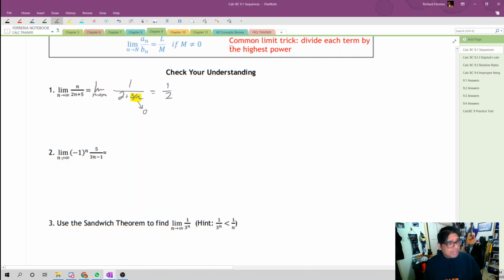Let's check this one. The limit, as n approaches infinity, of negative 1 to the n, 5 over 3n minus 1. Like the last one we did, we're going to apply the absolute value theorem. So the absolute value of the general term here, negative 1 to the n, 5 over 3n minus 1, is equal to 5 over 3n minus 1. Same trick, divide everything by the highest power of n.